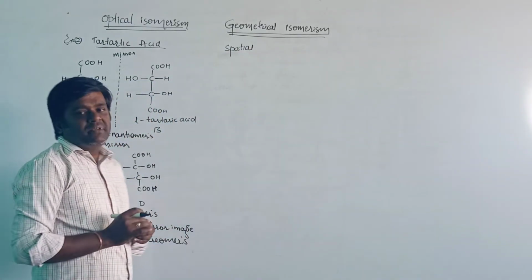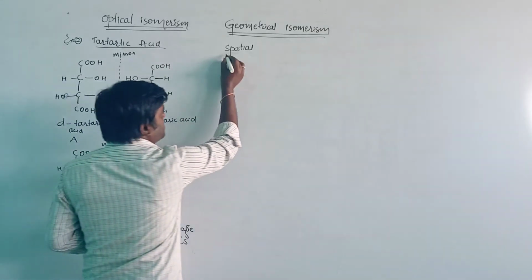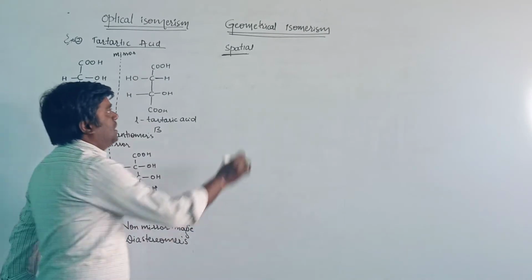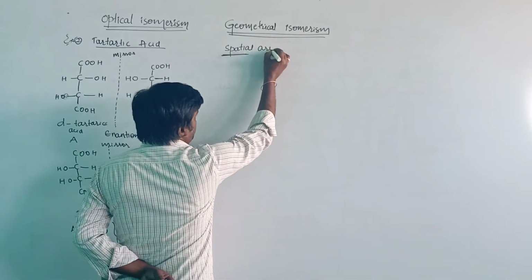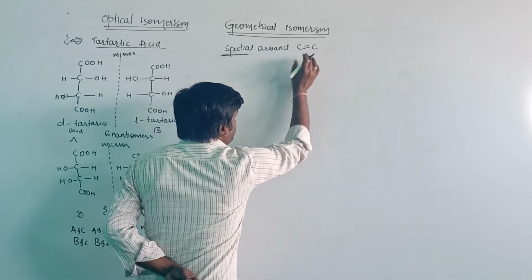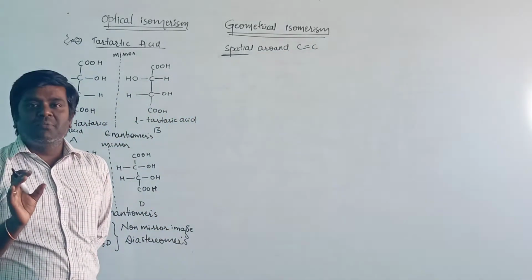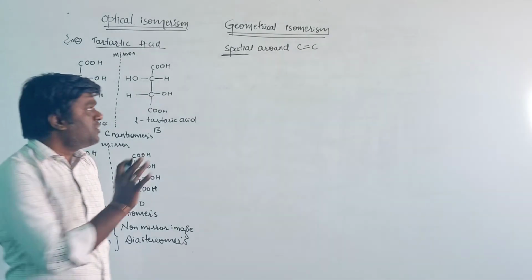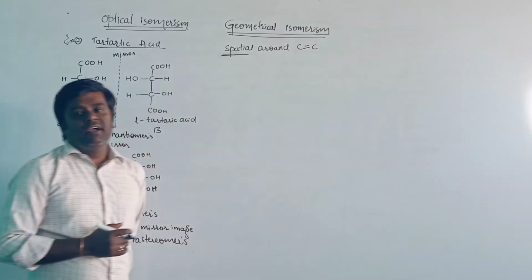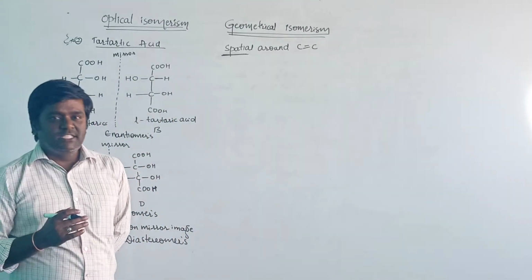The compounds having the same molecular formula but differing in the spatial arrangement of atoms or groups of atoms around the carbon-carbon double bond, which is restricted to rotation, are known as geometrical isomers, and that process is known as geometrical isomerism.